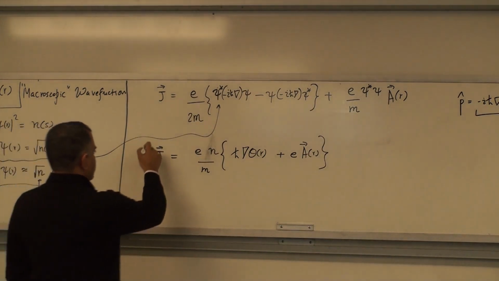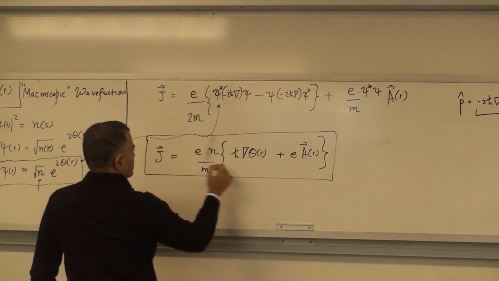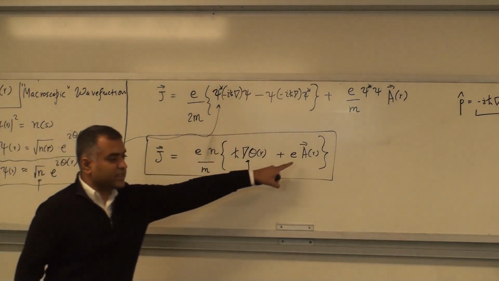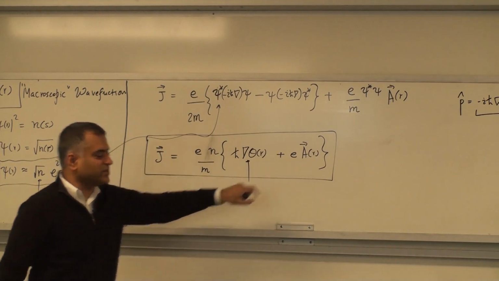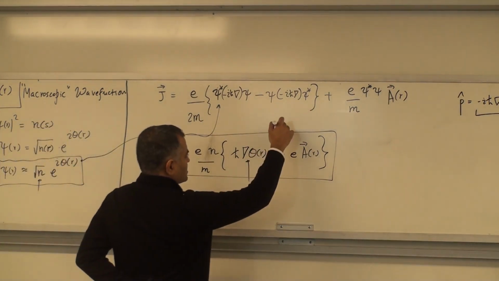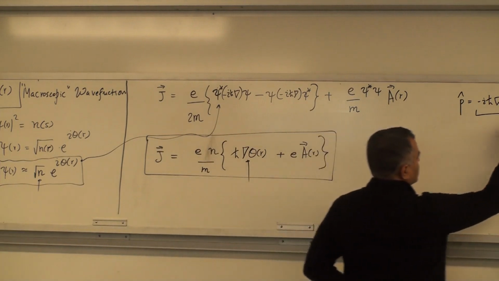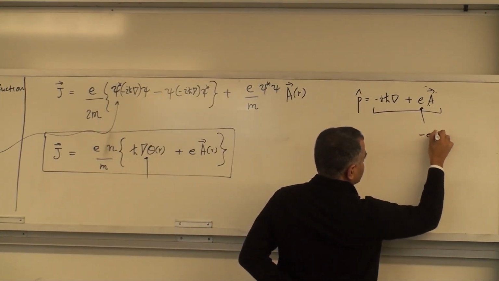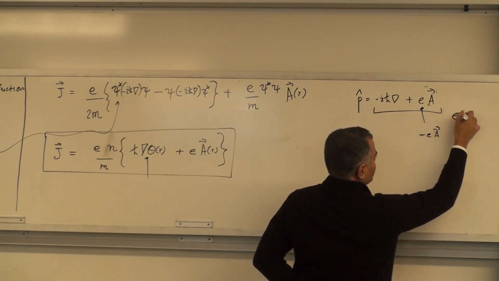This is the expression, and it depends on the phase and phase gradients, and it depends on the magnetic field in the form of the vector potential. Just to be clear, if it causes some confusion here, in books you will also see it given as minus eA, but here it's just a sign convention, unfortunately.